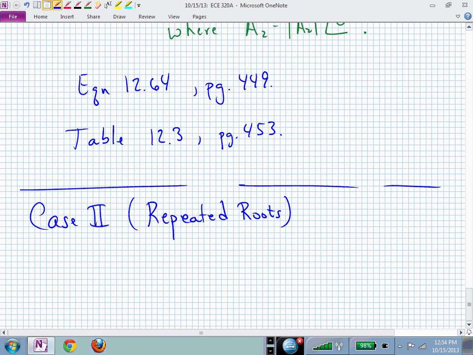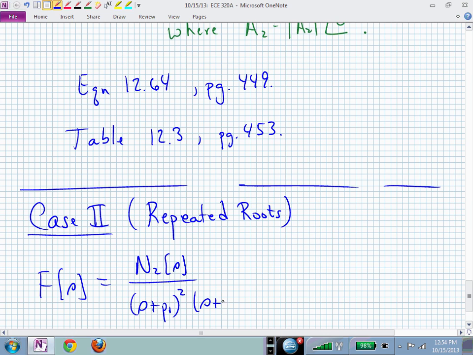For example, if we had something like f of s equaling a numerator n sub 2 of s over s plus p1, let's say squared, s plus p sub 3. And I'm going to assume that n sub 2 is of what order?